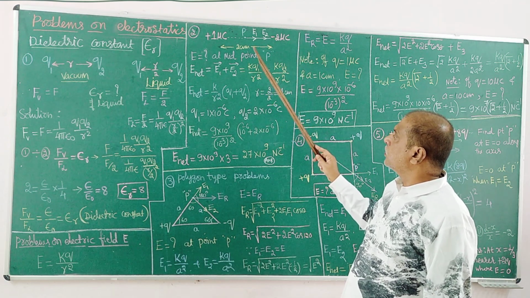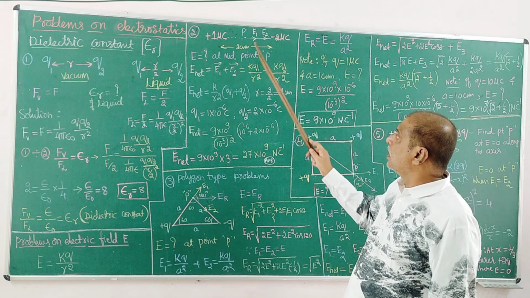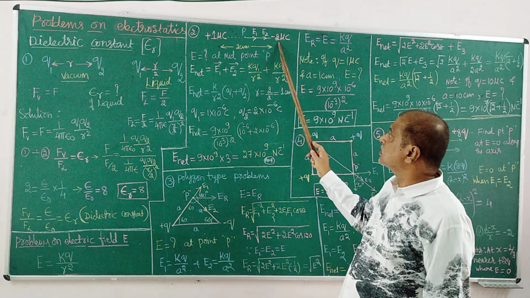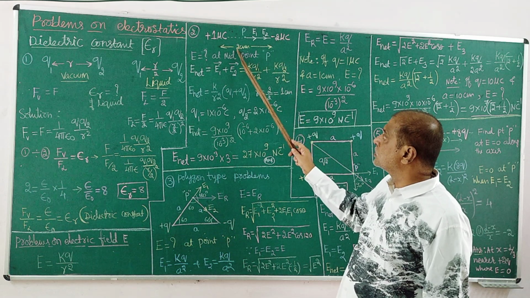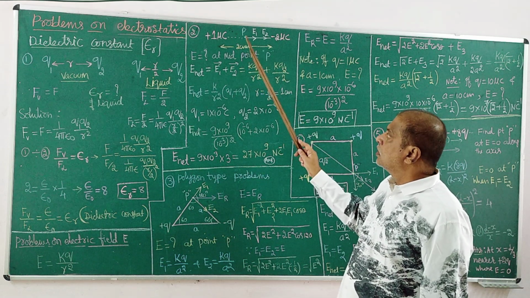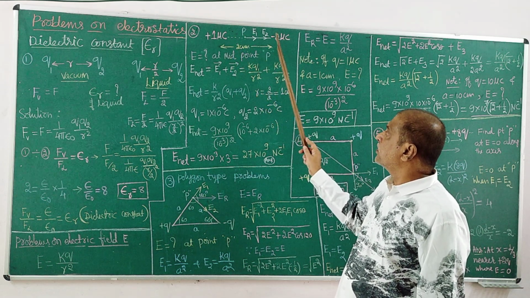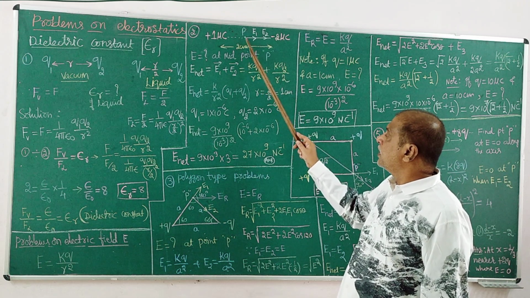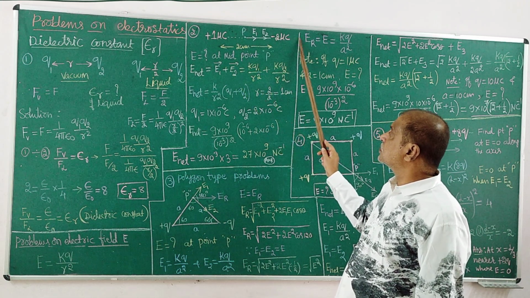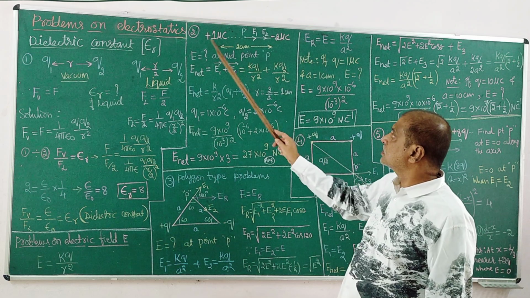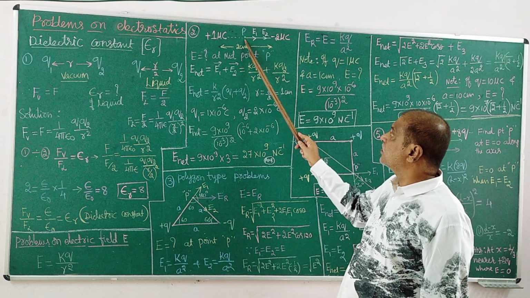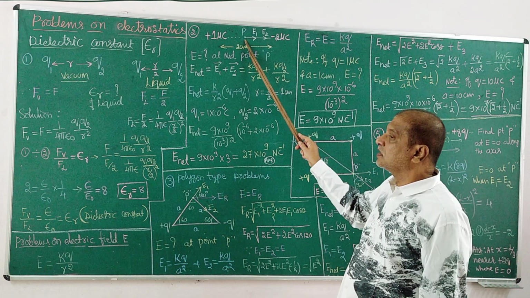You have to find the electric field at the midpoint of these two charges, which are separated by a distance of 2 centimeter, at the midpoint on the axis. What is the electric field intensity? That is the problem.